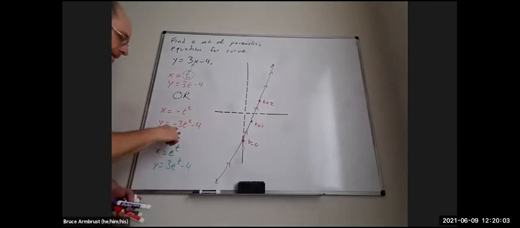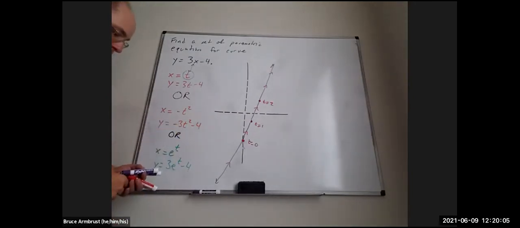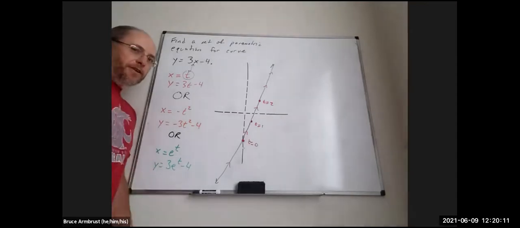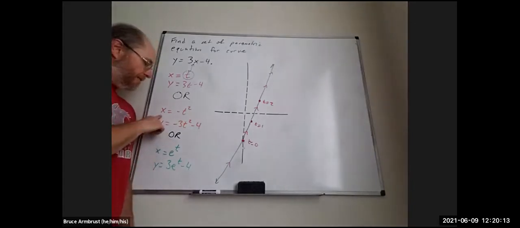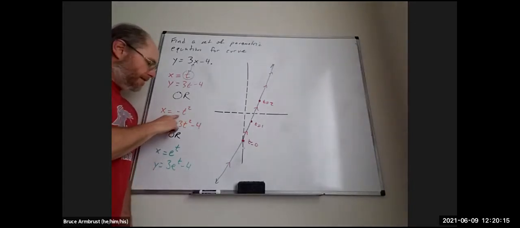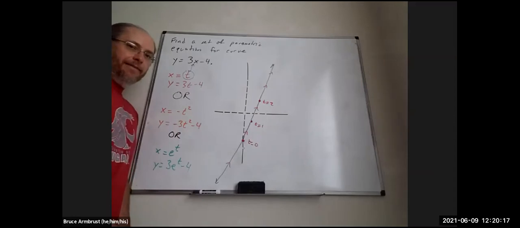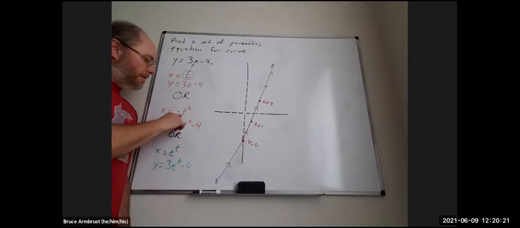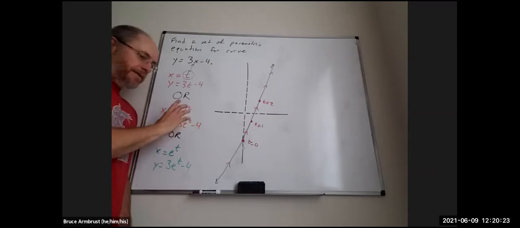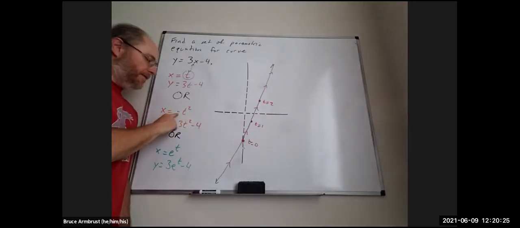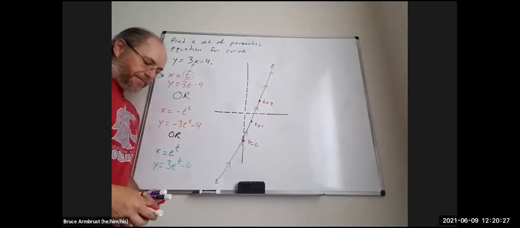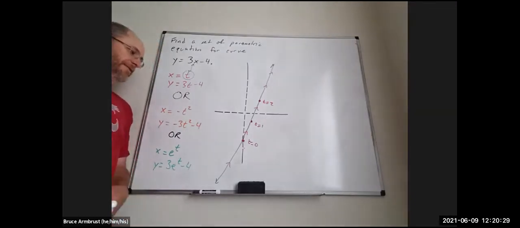All right, now let's look at this orange one. What I want you to notice, first of all, is that x is always going to be negative, because t squared is positive always, and so we're slapping on a negative on there. So this one's kind of funky.